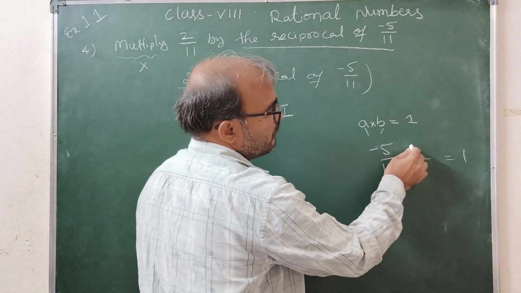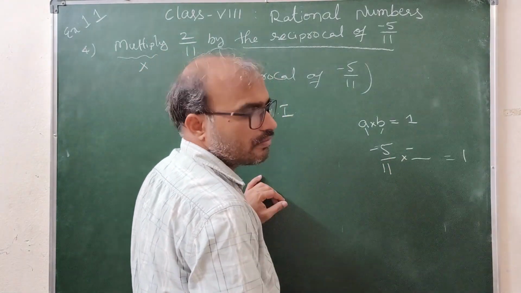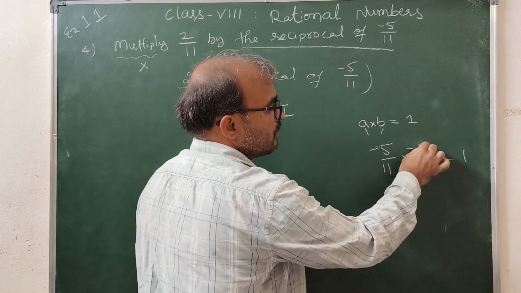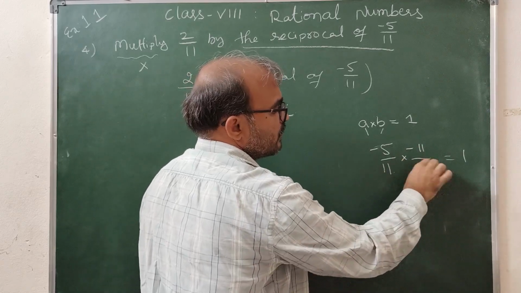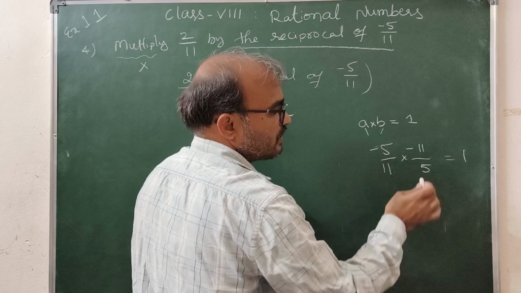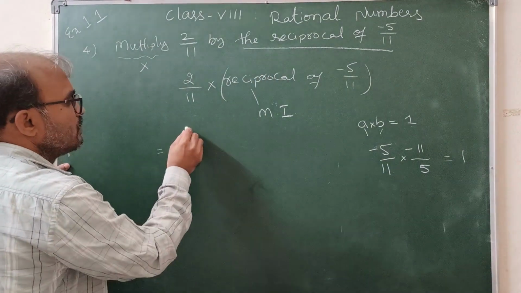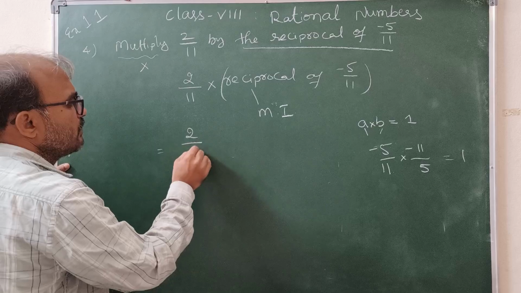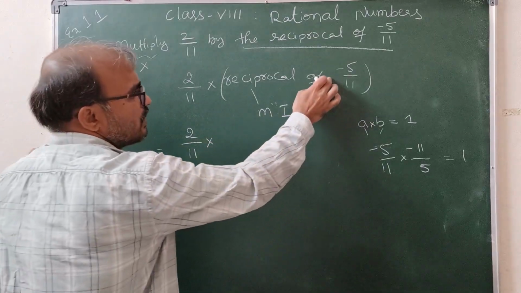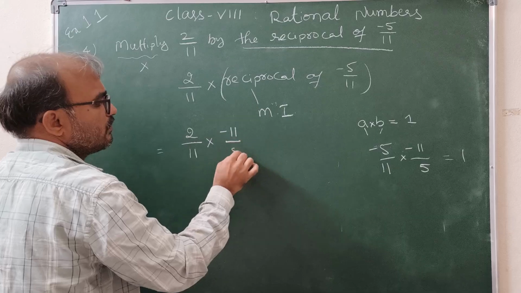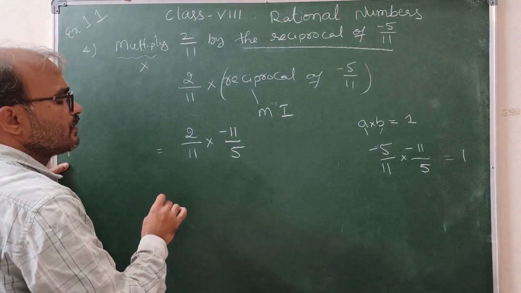It is possible only when this number is also negative, because minus into minus is plus. So this number will be 11 by 5 with a minus, or you can write 11 by minus 5, it's up to you. So you have to multiply 2 by 11 into the reciprocal of minus 5 by 11, which is minus 11 by 5.